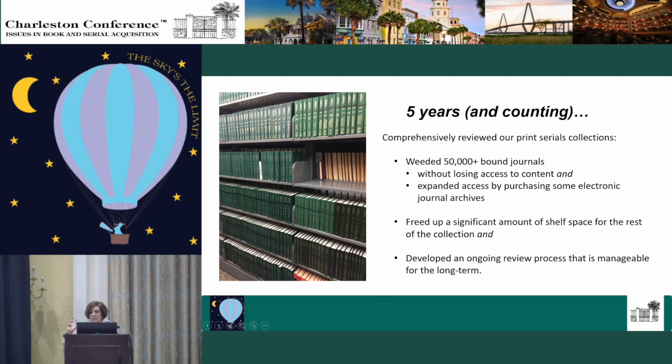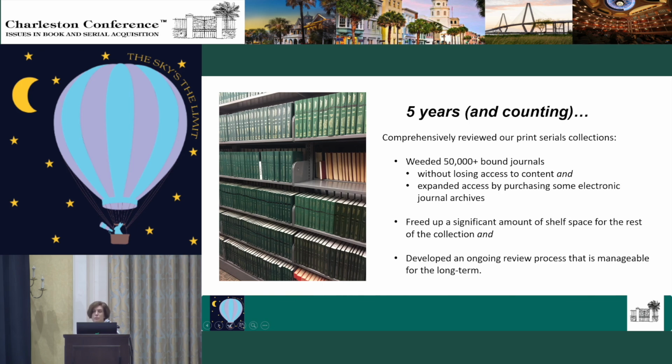So we use the same criteria we do for weeding our print collection, which is one of my duties. And we wanted to develop a lean collection of relevant materials that our users used. And we also wanted to increase access to these titles. They are not flying off the shelves. So we wanted to make sure that what we had was usable and that we could increase our access.